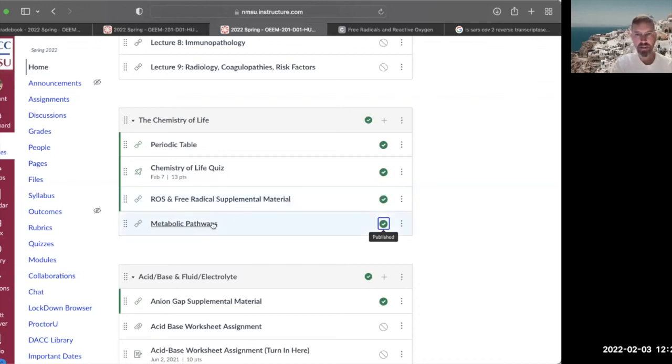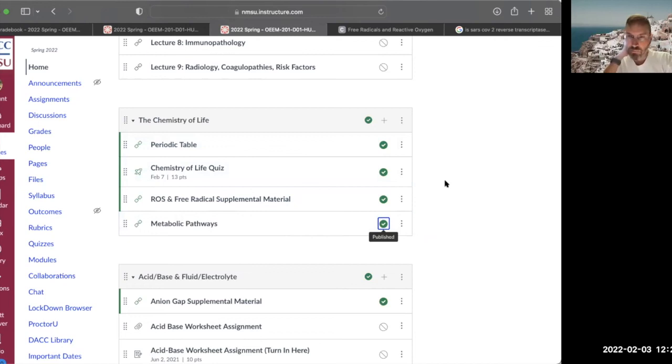And then there is a video, it's about half an hour long, and it's just a real high yield video. What it does is it will cover the major metabolic pathways in the cell. All right. And what we've done over the last couple of days is we've developed the foundation for understanding these pathways in some more detail, right?